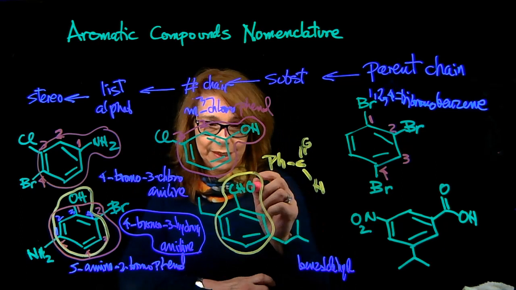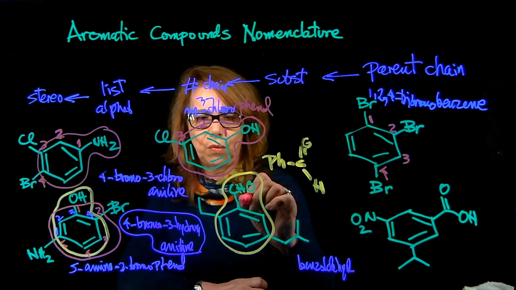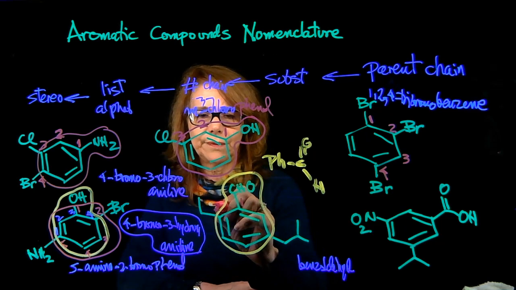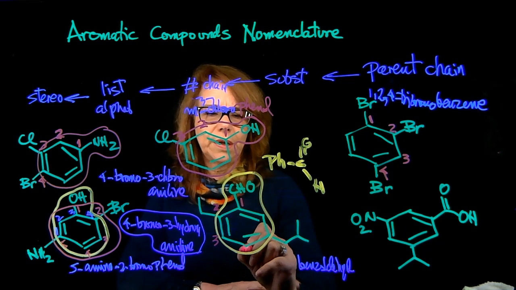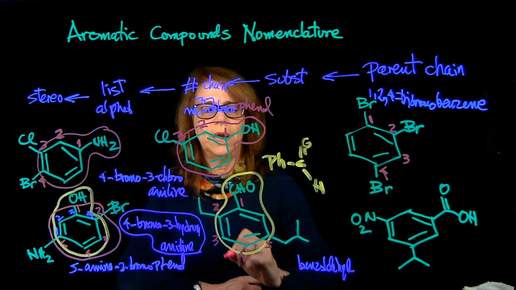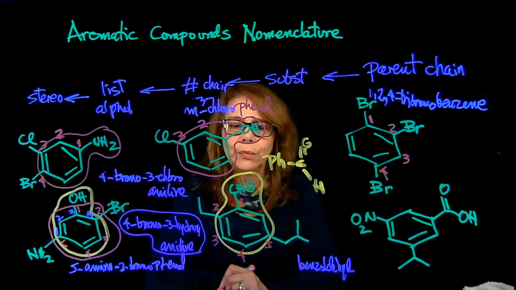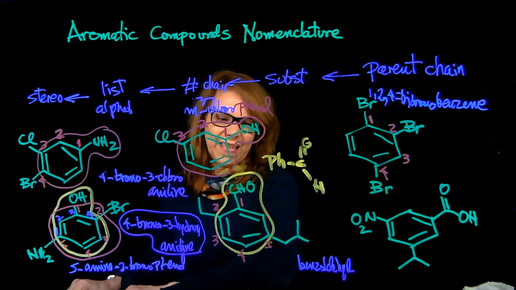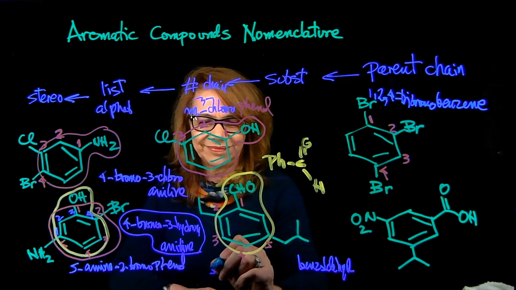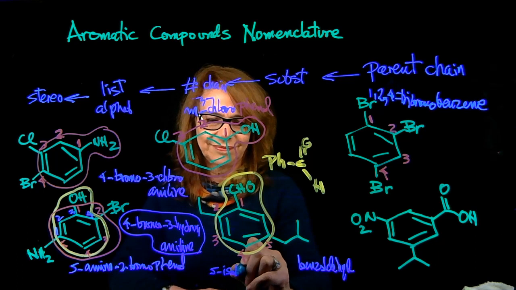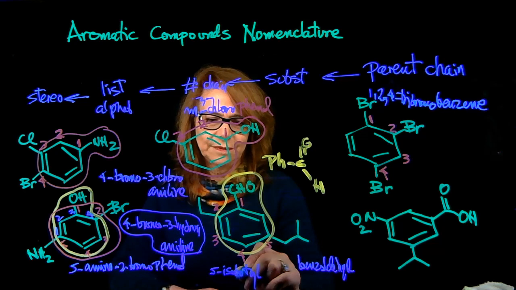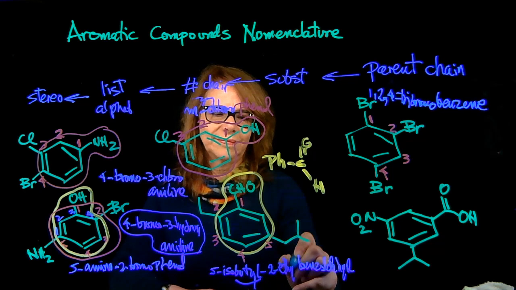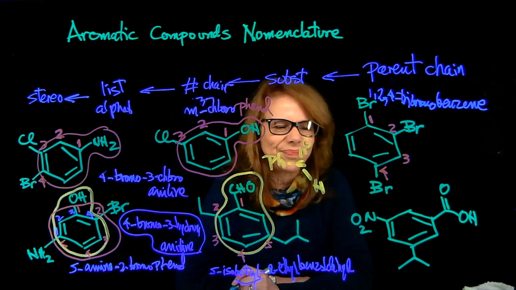I know it's ethyl and isobutyl, and I can go 1, 2, 3, 4, and 5. Isobutyl will be first, so I'm going to say 5-isobutyl, and then 2-ethyl benzaldehyde. Okay.